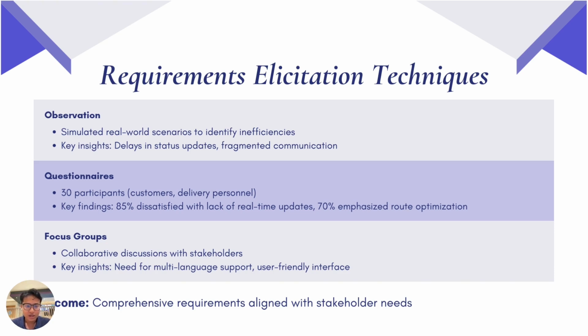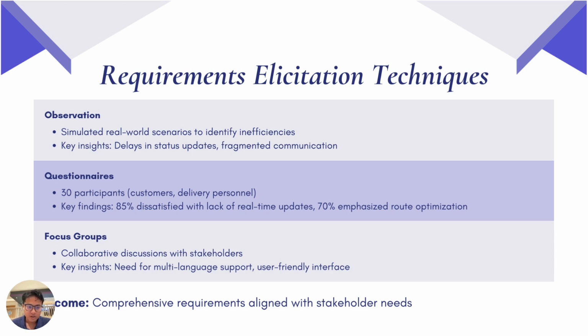All right, so there are three main points in the techniques. First of all, observation. So we have simulated real-world scenarios to identify inefficiencies. And our insight is delays in status updates and also fragmented communication.